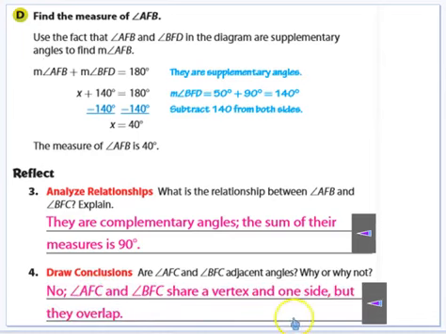They cannot overlap. They overlap, and that is why they cannot be adjacent angles. All right. So, moving on.